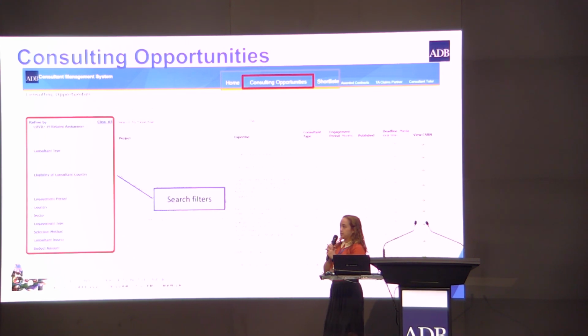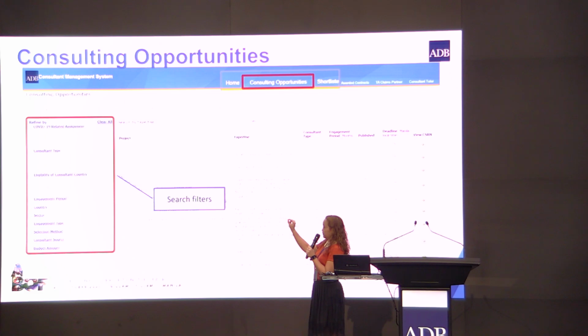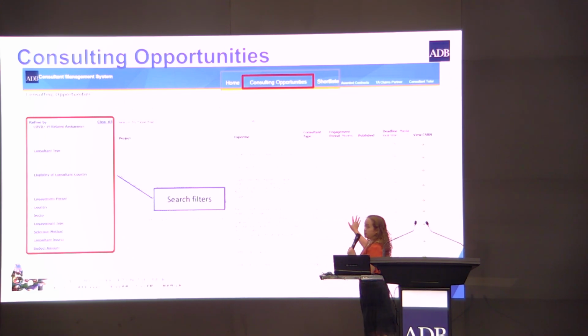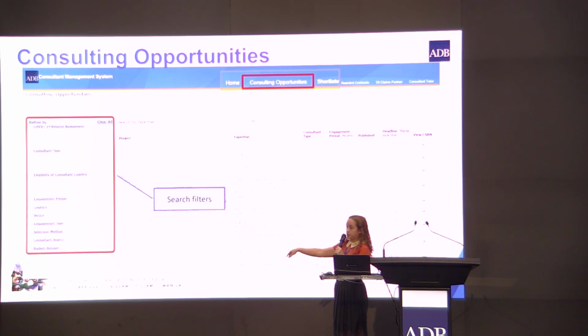At the right pane, we have the refiners, or the refined by. For example, you only want to view consulting opportunities for a consulting firm. Just tick on the firm, and in the right pane, only consulting opportunities for firms will be displayed. So you can use the refiners to filter what will be displayed.